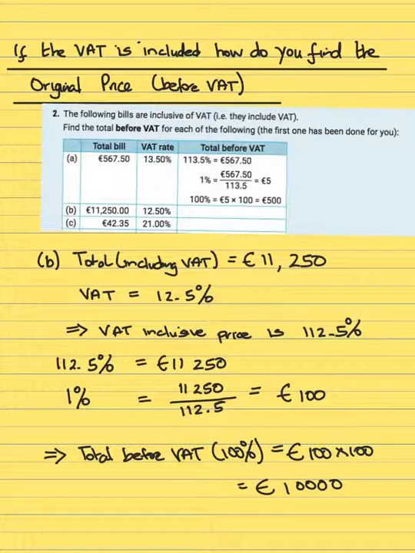This question and this layout is very important. A lot of people make mistakes on this, so make sure you go through this very carefully. Don't forget to write out keywords like VAT and VAT inclusive and VAT rate. Those are the keywords that we're looking at. And now do part C of this question.